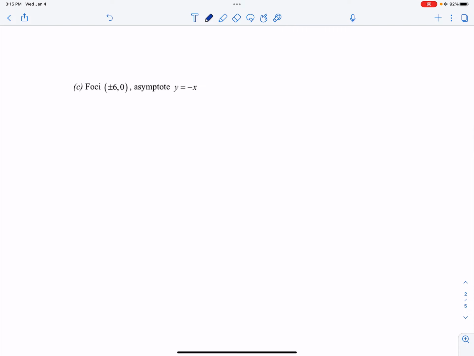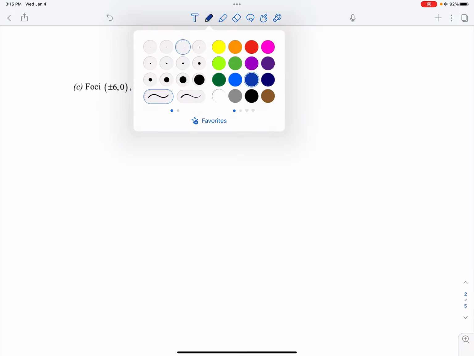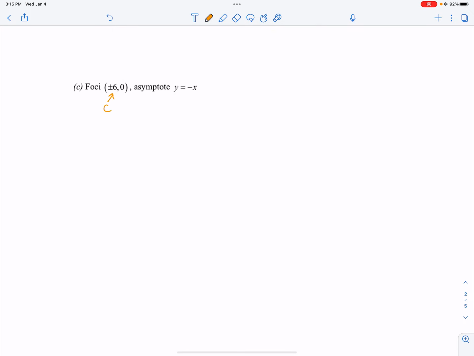Okay, so we have focus points at (±6, 0), and an asymptote at y equals -x. This tells us our c value. Since it's going along the y of 0 now, we are going to use our general equation of x squared over a squared minus y squared over b squared equals 1.